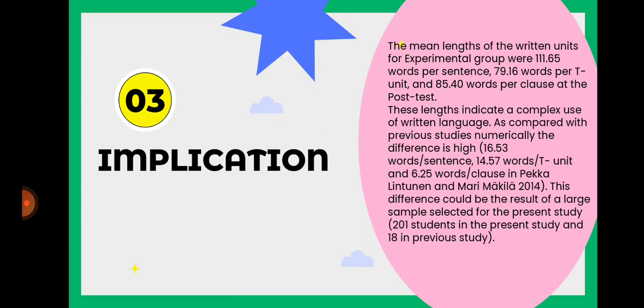So I have said that there is an implication in my study, in the sense of the differences, because of the large sample size. When we do the analysis, there could be a variation in the mean that we calculate, or there could be a variation in the type of units, or the written units, that is produced by the experimental group students.